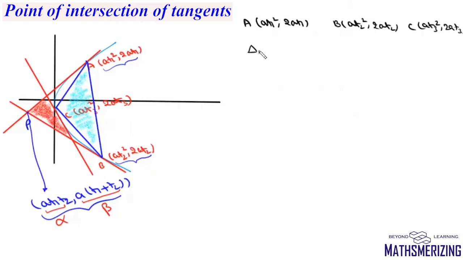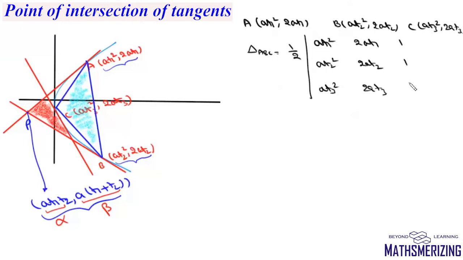So the area of triangle ABC is 1 by 2 times the determinant with rows (a t1 square, 2 a t1, 1), (a t2 square, 2 a t2, 1), (a t3 square, 2 a t3, 1).